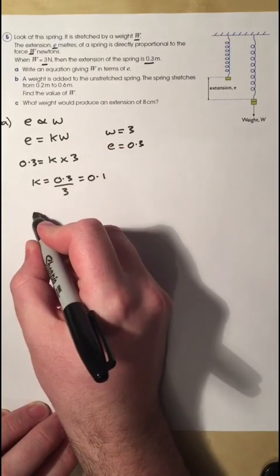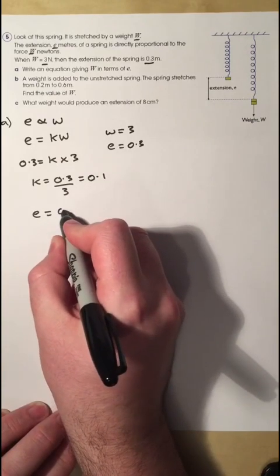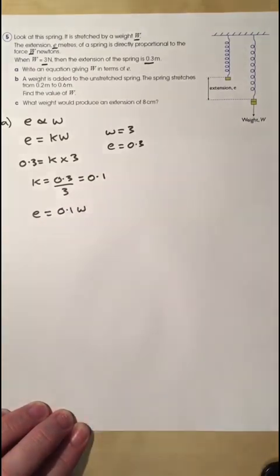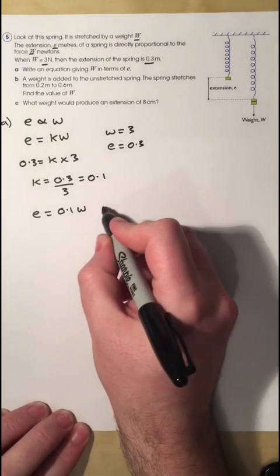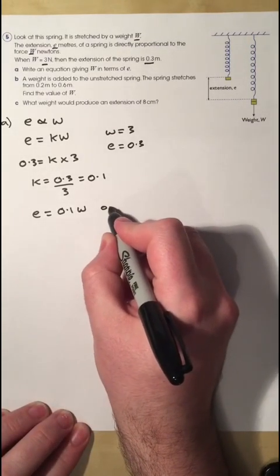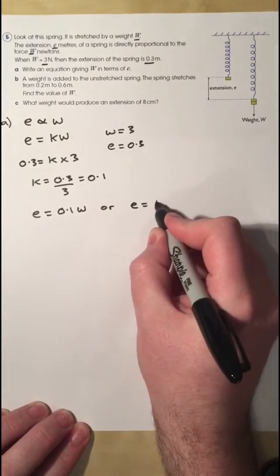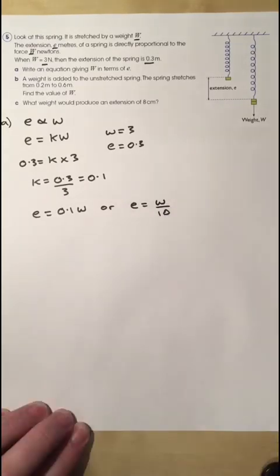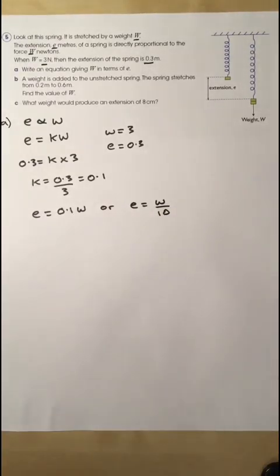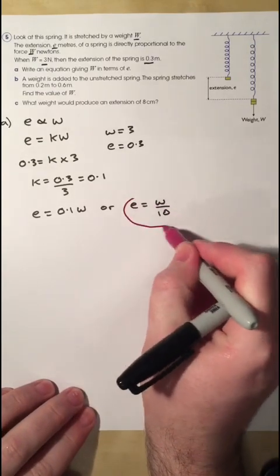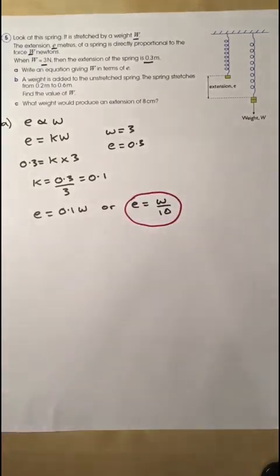So substitute the value back into the equation. E equals 0.1 W, or if you like, times by 0.1 is the same as divided by 10. That's easier to work with. So this here is the equation we're going to use for the rest of the questions.